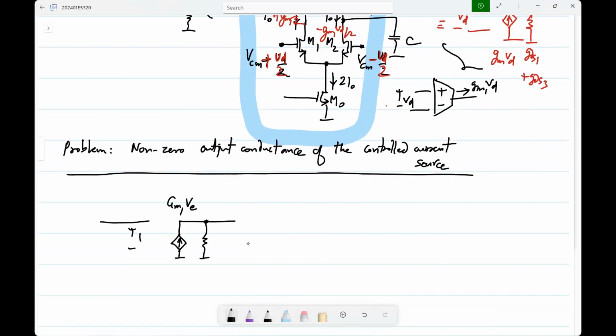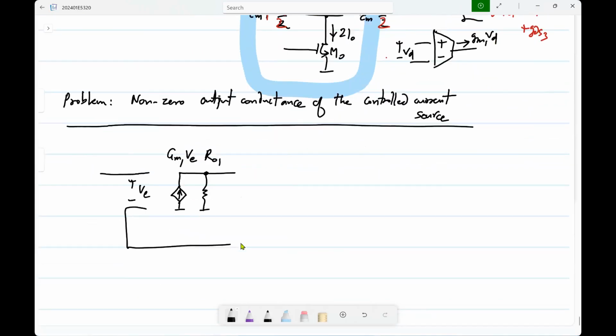Here I use Vd, and this one, let me call it RO1, whatever it is. It depends on the circuit, and in this particular case of our differential amplifier, it is 1 by gdsp plus gdsn. Okay.